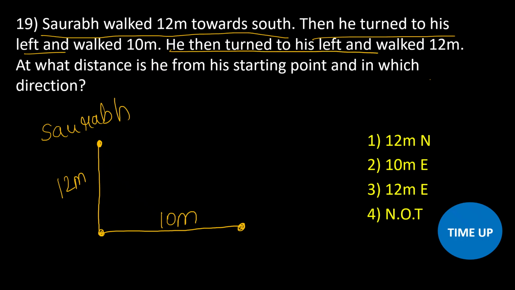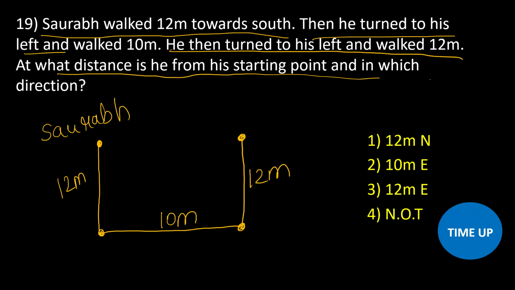He then turned to his left and walked 12 meter. At what distance is he from the starting point and in which direction? So distance is also asked and direction is also asked. Correct?